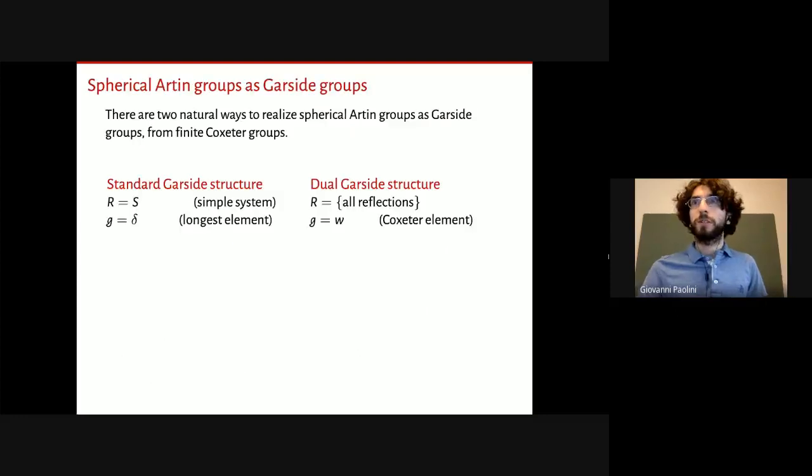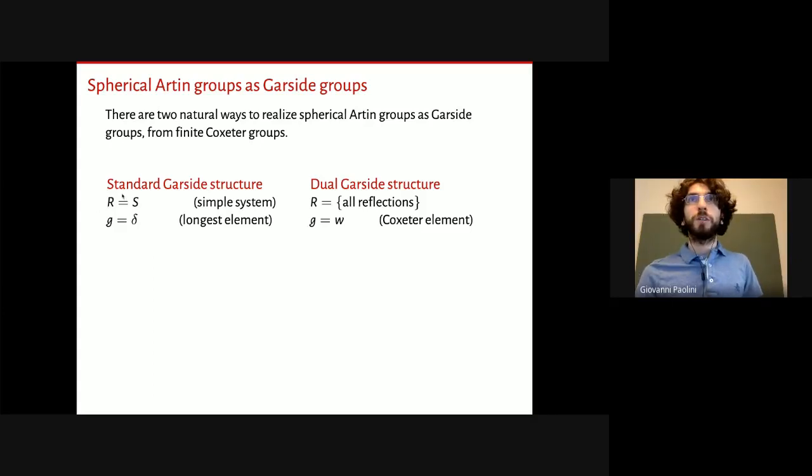And what came up was another, in some sense dual, way to do this Garside construction. So on the left, it is what we have already seen.